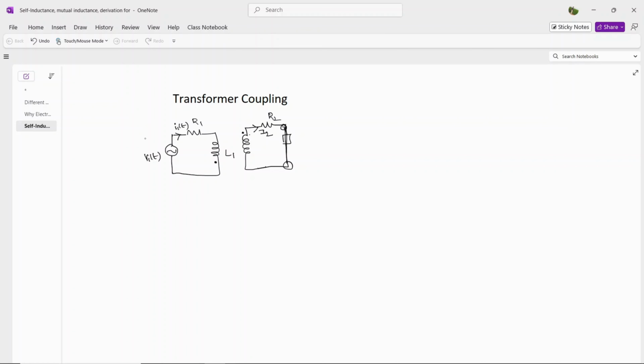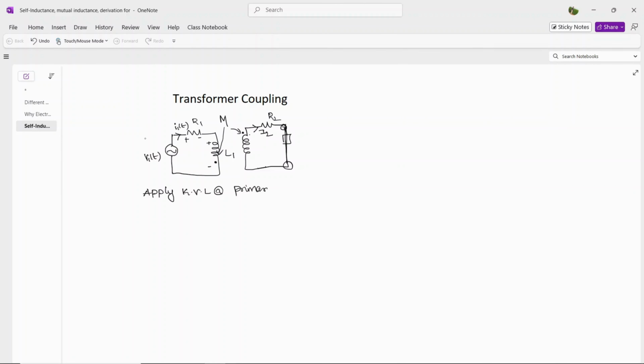Okay, so now whenever the current flows, the terminal where it enters is positive and where it leaves is negative, and these are mutually coupled with a mutual inductance of M. So now the voltage source is there, and what we are going to do is apply Kirchhoff's voltage law at the primary of the transformer winding.